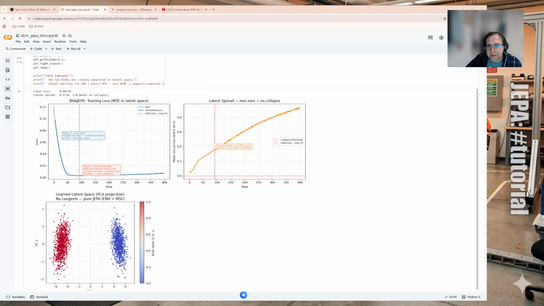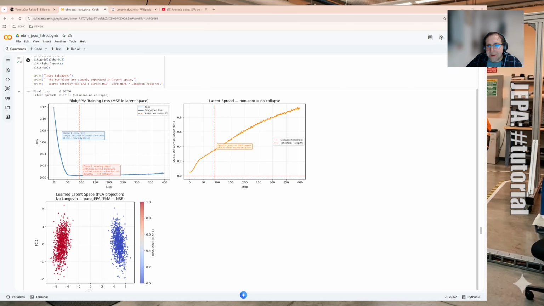You can see that I plot the loss function, and you also do the smoothing of that loss. You can see there is an inflection point around 50. Why is that? Well, there's some sort of explanation.